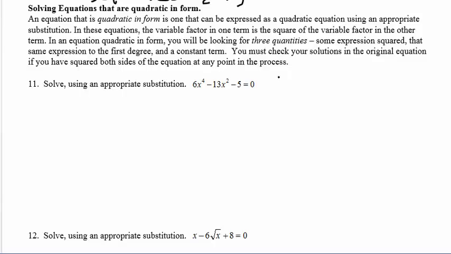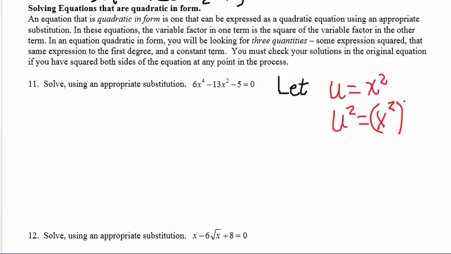So if we make a substitution, we're going to let some letter other than x, I'll choose the letter u, equal to x squared. Then that means u squared is x squared squared, which is x to the fourth.